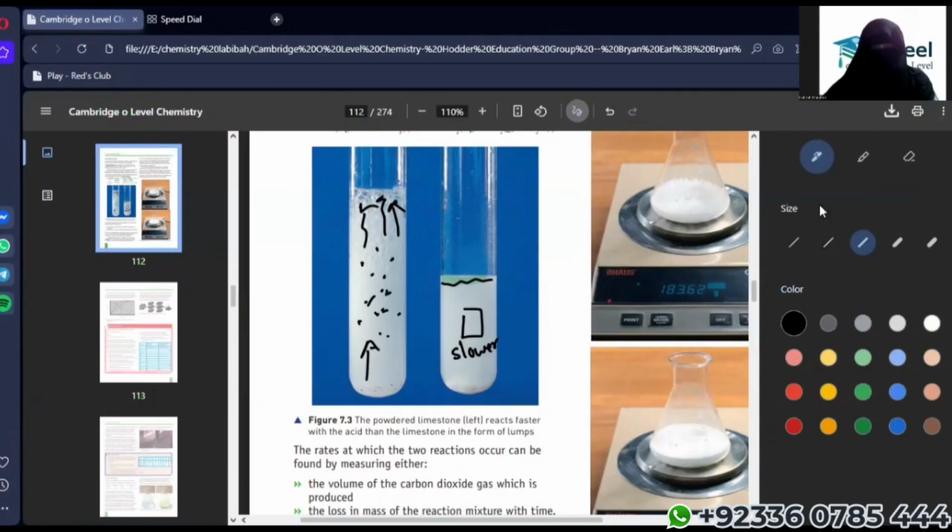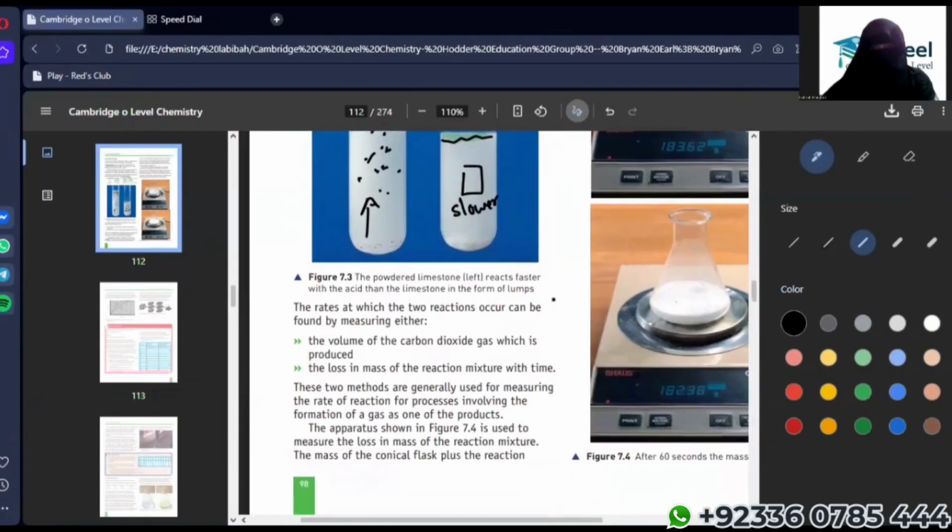And you can find the rate of reaction of these two reactions by measuring the volume of carbon dioxide produced and the loss in the mass of the reaction mixture with time. These two methods are generally used for measuring the rate of reaction for processes involving the formation of a gas as one of the products.